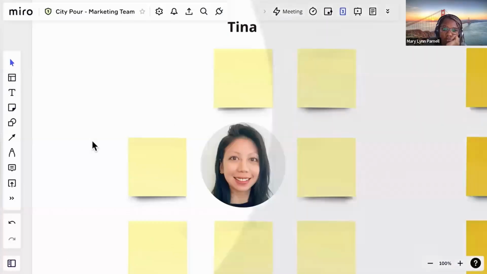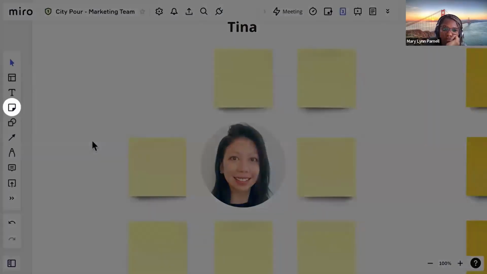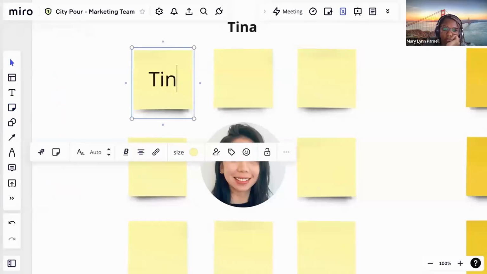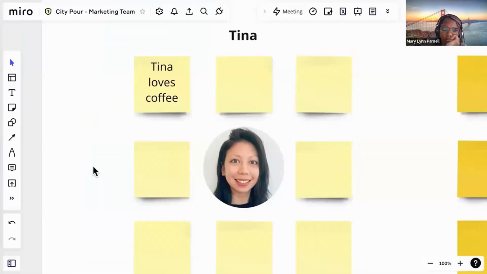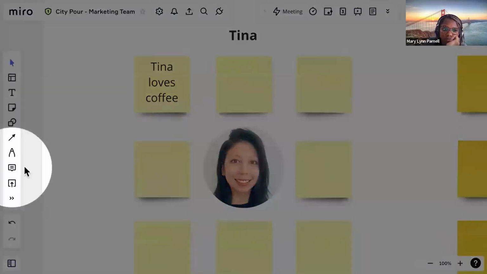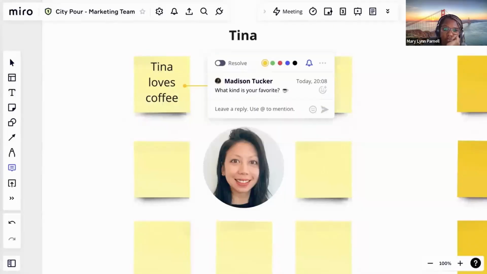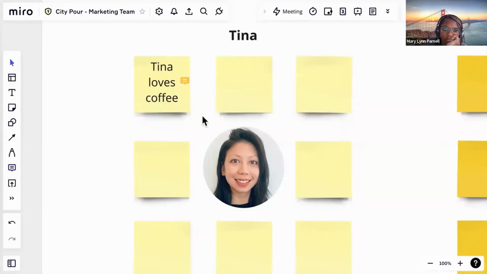Add thoughts and ideas to a board using sticky notes and comments. Create a sticky note by clicking the sticky icon. Then, click anywhere on the board to place it and immediately start typing. Add comments by clicking the comments icon and dropping it on the board. Once you're done typing, press Enter to leave the comment.